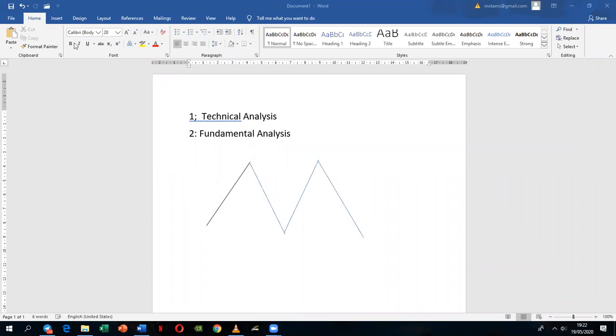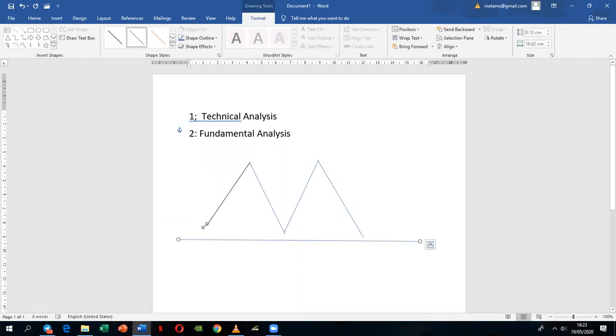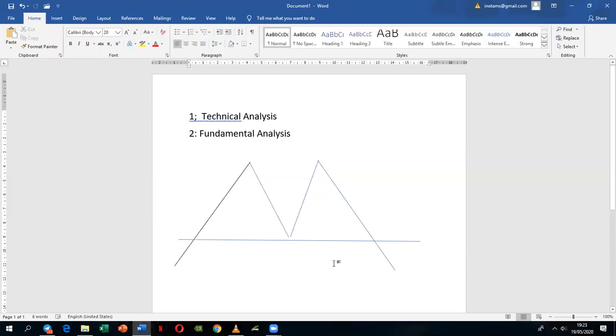So this is a double top. Let me slightly adjust it. This is very straightforward.